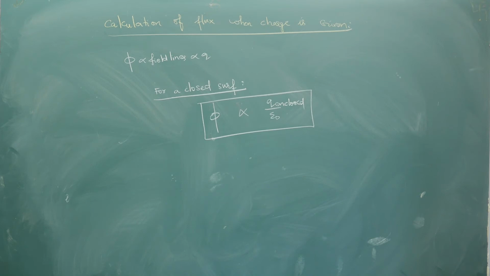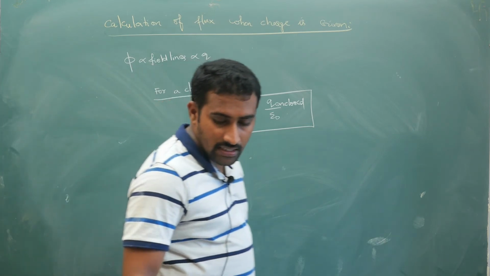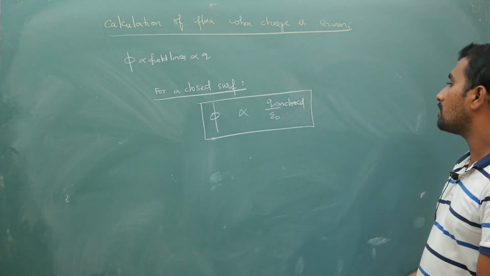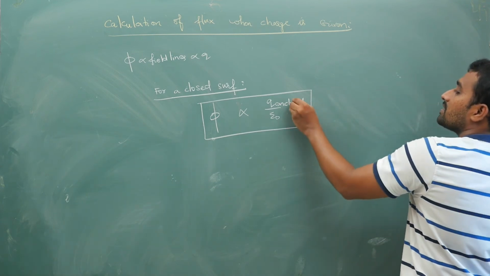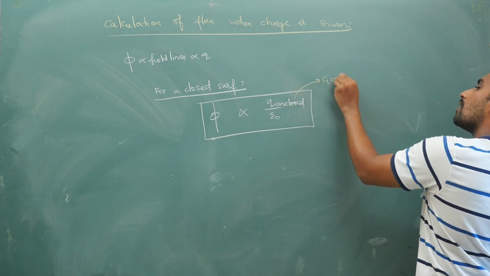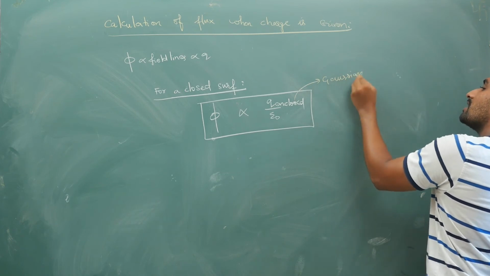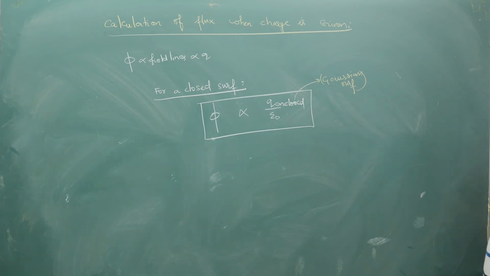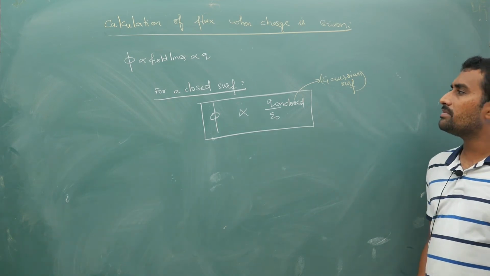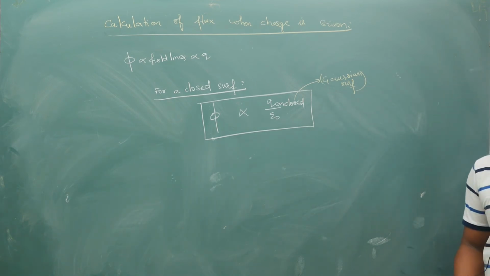Now what is that Q enclosed? I will tell you. But for a closed surface, your flux is directly proportional to Q enclosed by epsilon naught. This closed surface is what you are going to call a Gaussian surface later, but first we will try to do basic idea questions on symmetry, then only we will go to Gauss law.